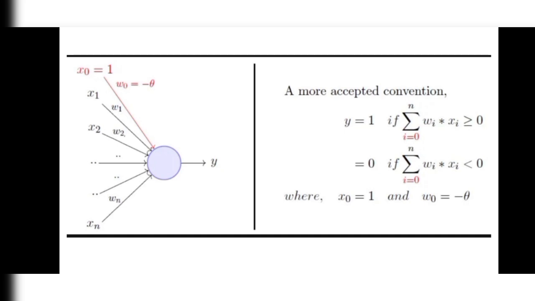For those inputs we give particular weights, that is w1, w2, and so on, wn. Then after learning from the experiences, you get the output, that is y. The accepted convention here is y equals 1 or y equals 0. These are the conditions we get when we are training the Perceptron learning algorithm.